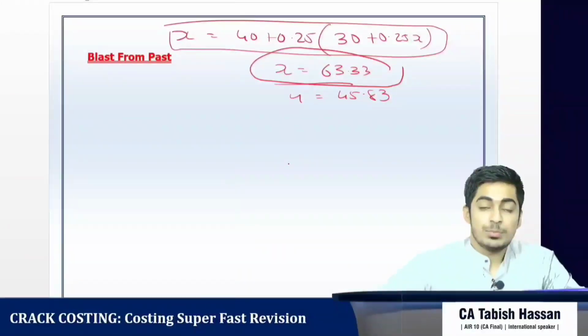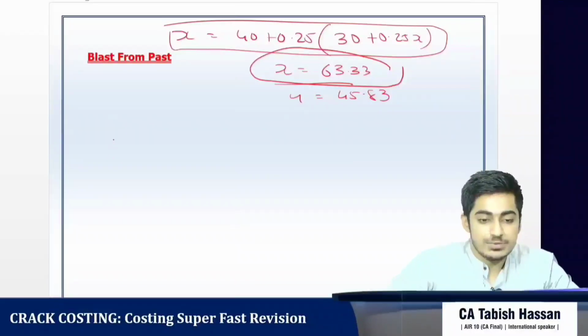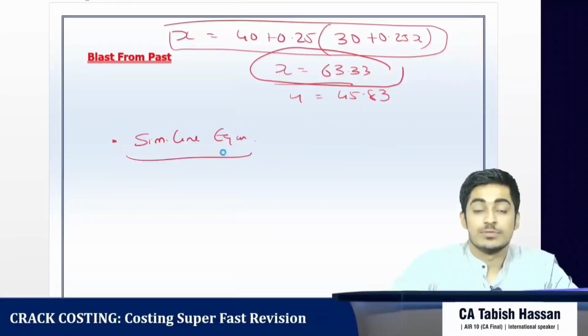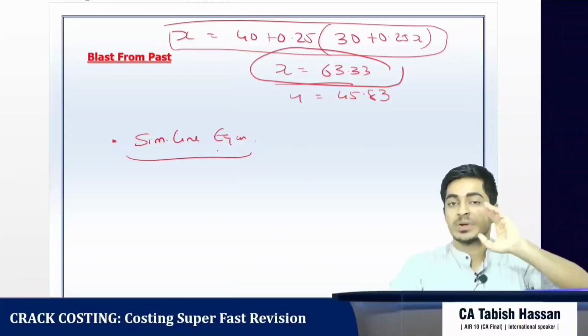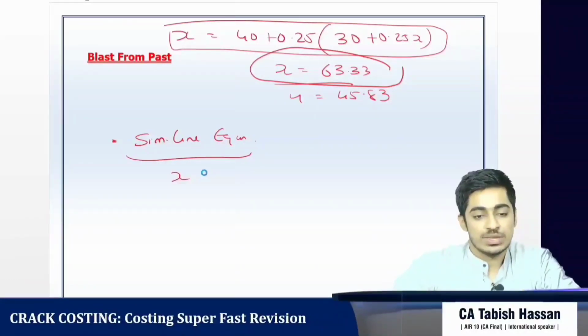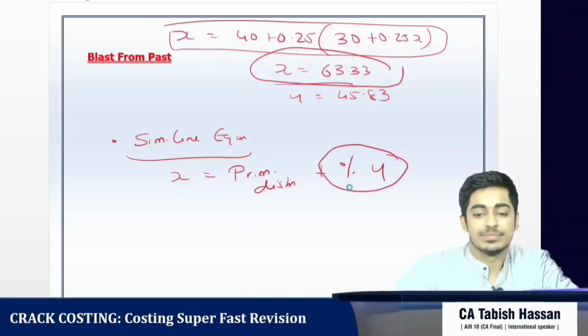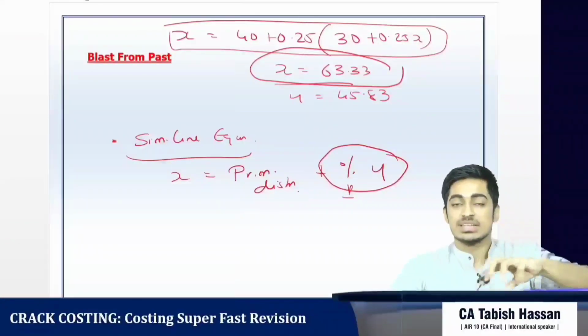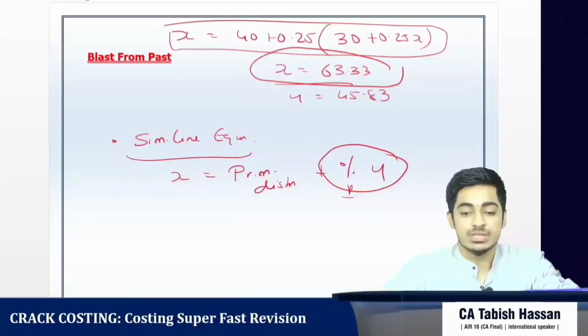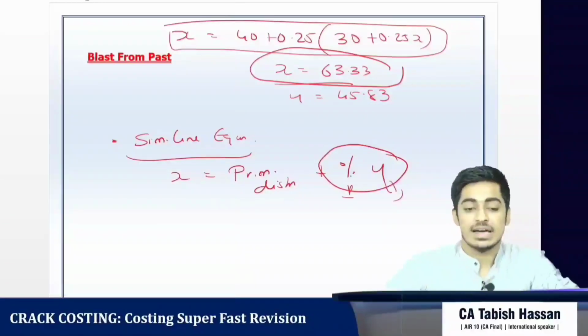So some important points from the exam perspective. First is the creation of simultaneous linear equations. We have to take the total overheads of departments as X and Y. So we get X is equal to the primary distribution plus a percentage of Y, that is, whatever percentage is allocated specifically to this, of Y, the other department's overhead.